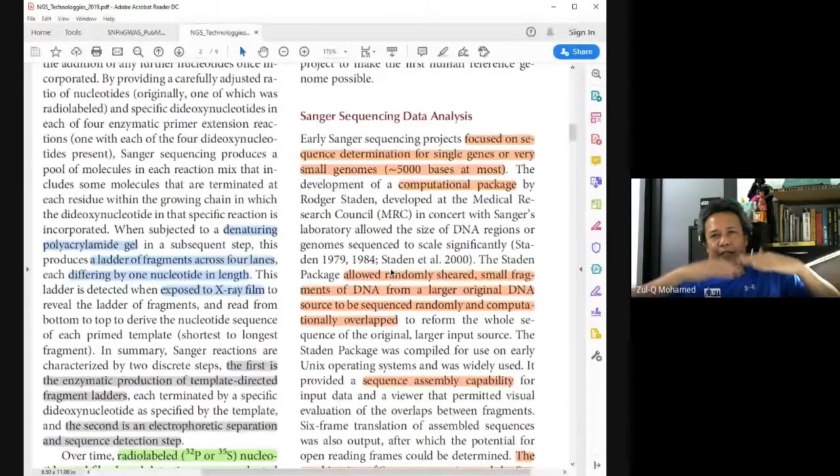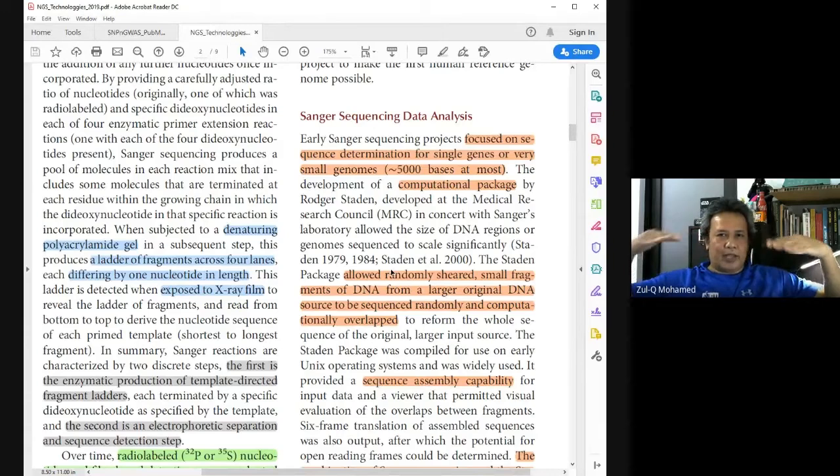Once you generate that, you can go back. Remember also that at that time, the contigs came first, followed by sequencing. This is very important when you talk about NGS. The sequences that were generated only needed to be mapped to the clones, and these clones are small, so it's doable.